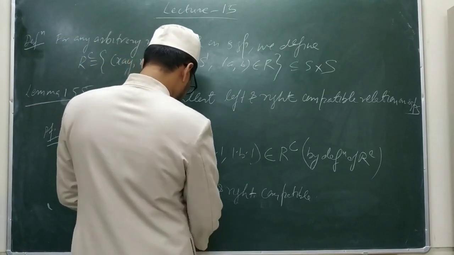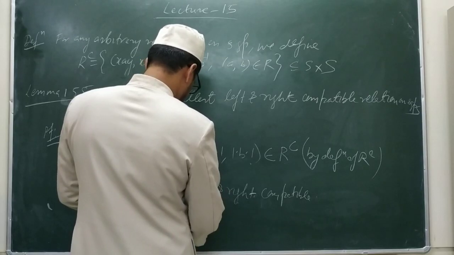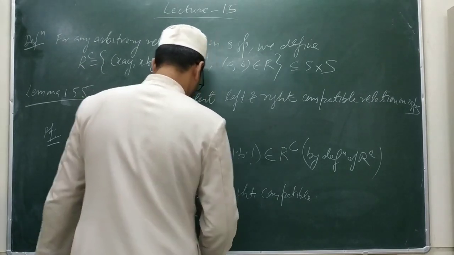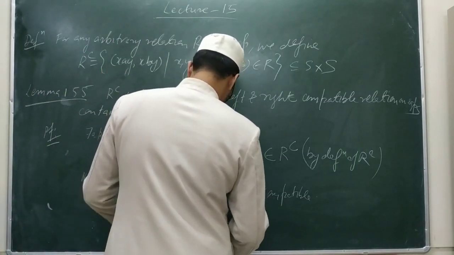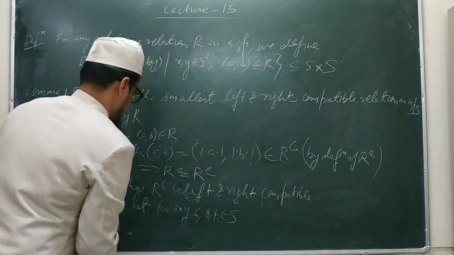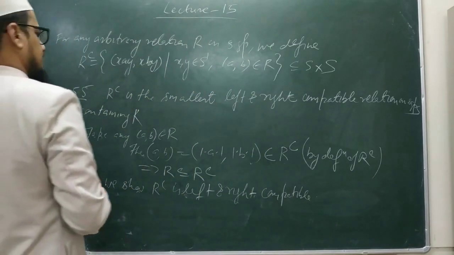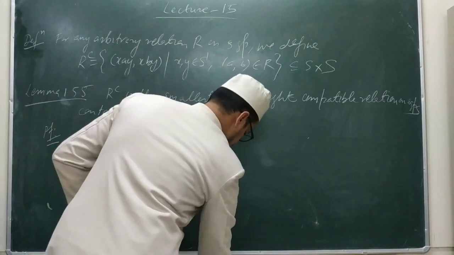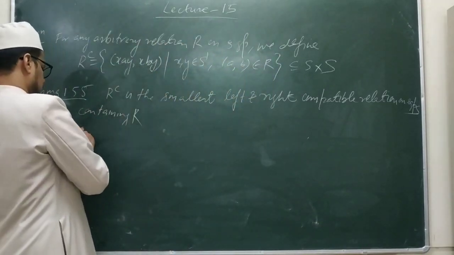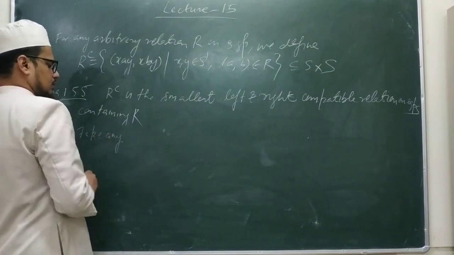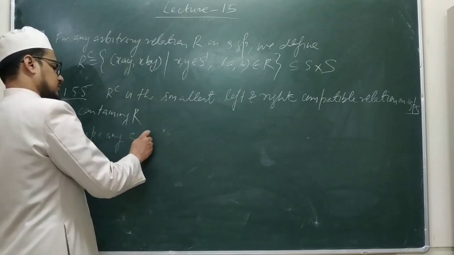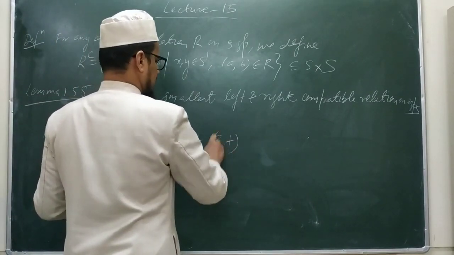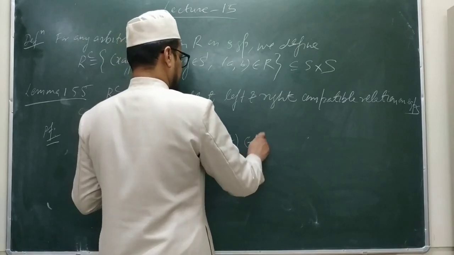So let, for any c, s, t belonging to S, take any c, s, t belongs to S such that (s, t) belongs to R^C.